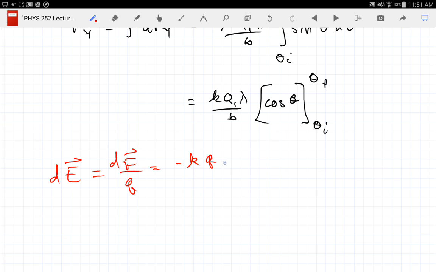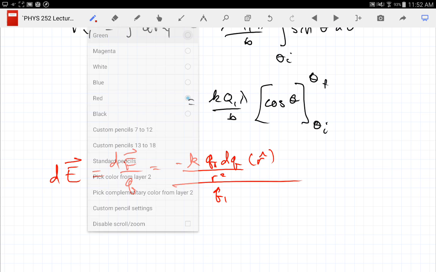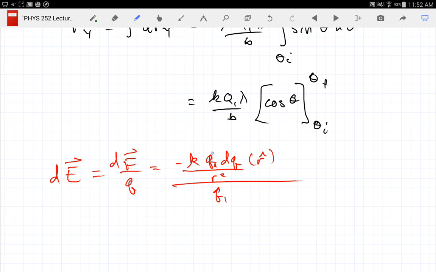So minus K Q dQ R hat over R squared, all divided by, and I have to use the same subscript as I used for that one. In fact, let me change the colors on those just to make it really clear.